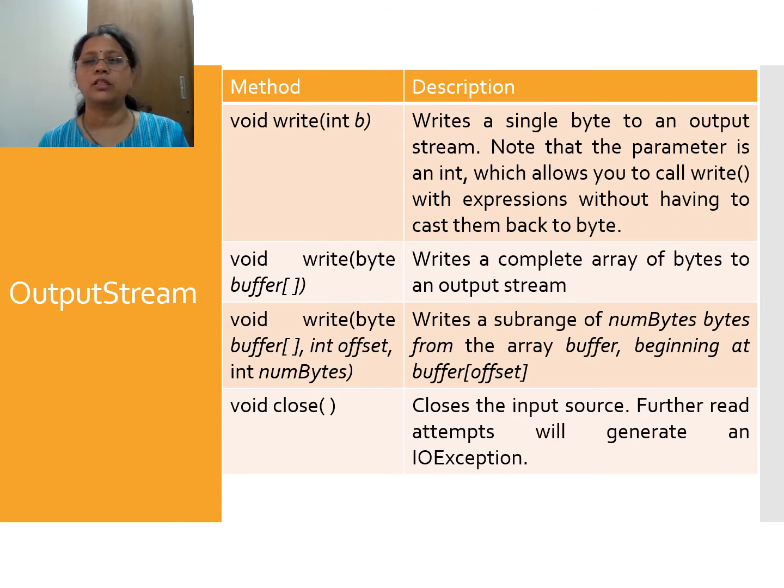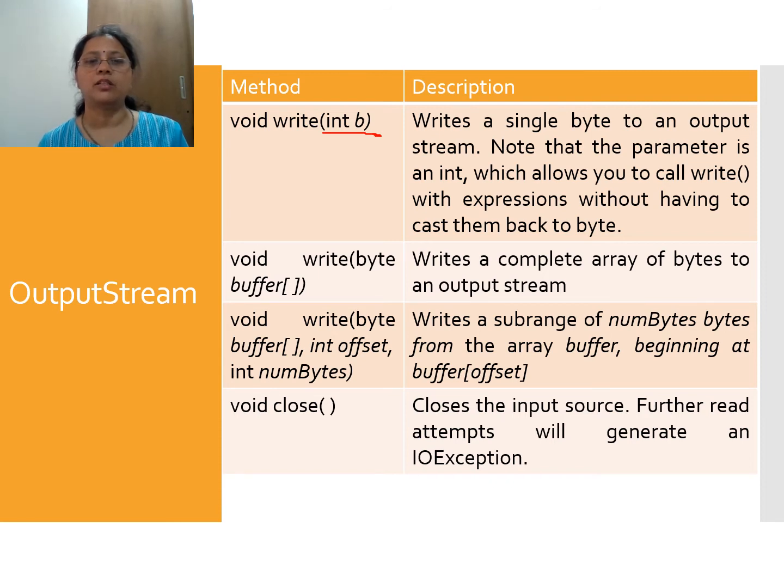So let us discuss each write method one by one. First write method writes a single byte to an output stream. Here you note that the parameter that is passed is of type integer, which allows you to call write with an expression without having to cast them back to byte.